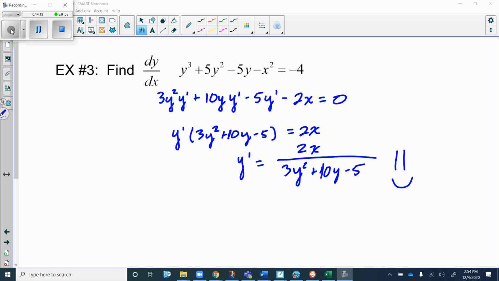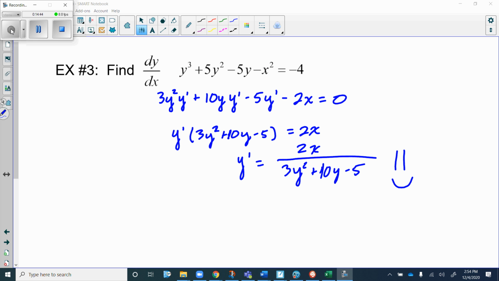So the derivative of the first part using the chain rule would be 3y squared times y prime, or dy dx. The second term becomes 10y times y prime. The last y value becomes negative 5y prime. And of course, the derivative of the negative x squared becomes negative 2x with just the power rule. The derivative of the constant, of course, 0.